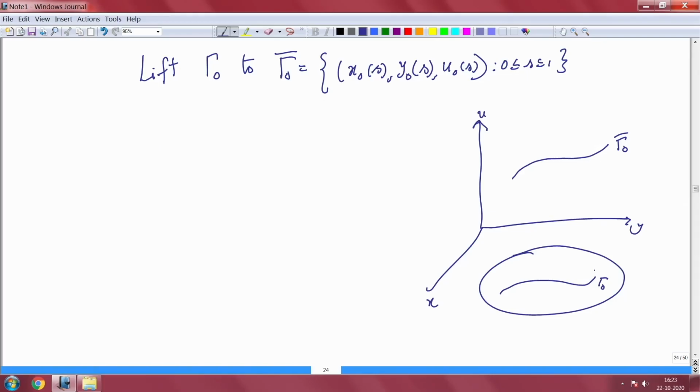Now I know how to find a space curve as an initial curve. So any point here will be of the form (x naught of s, y naught of s, u naught of s). Along that initial curve, you solve your equation.